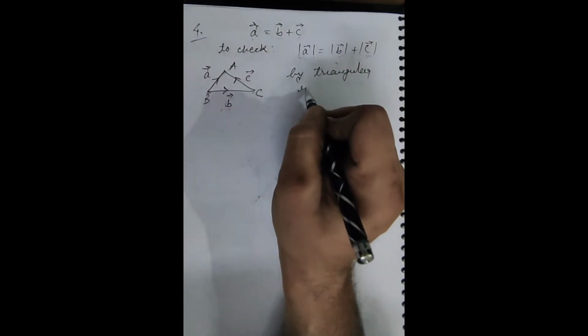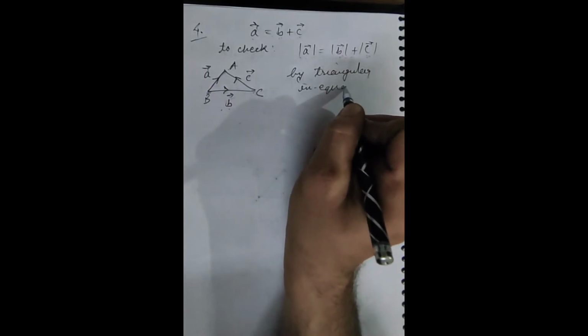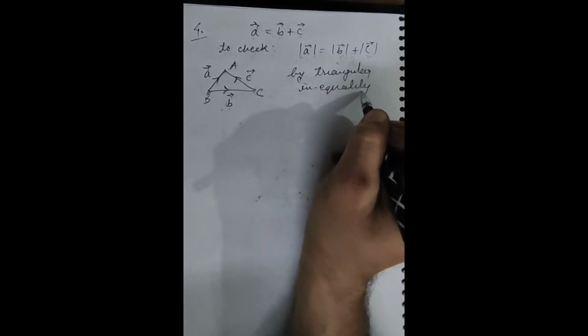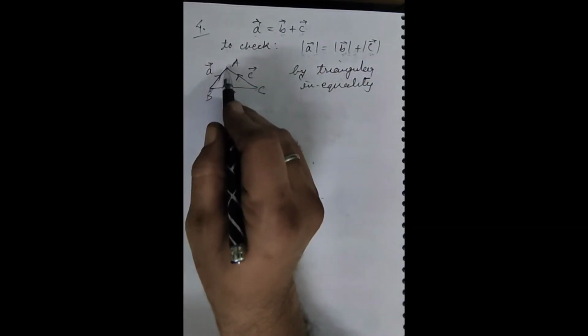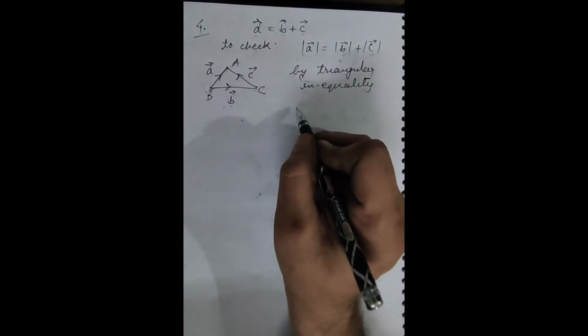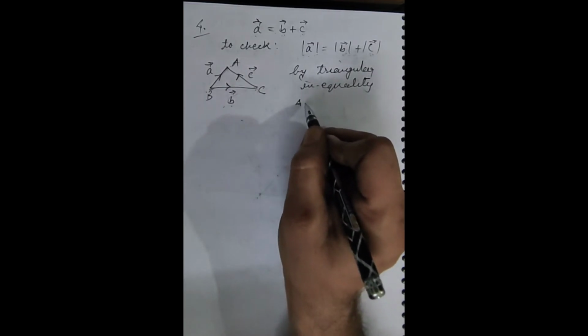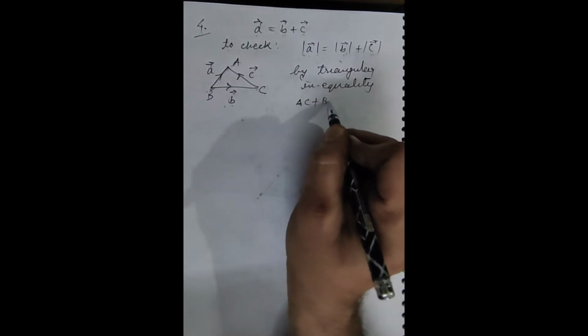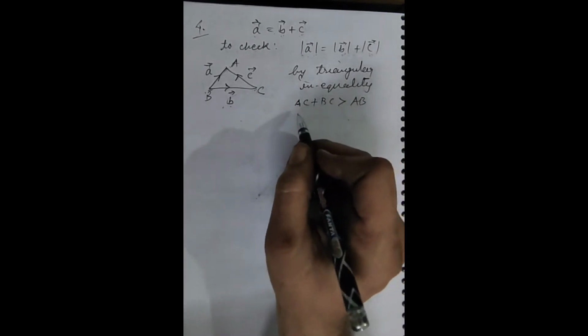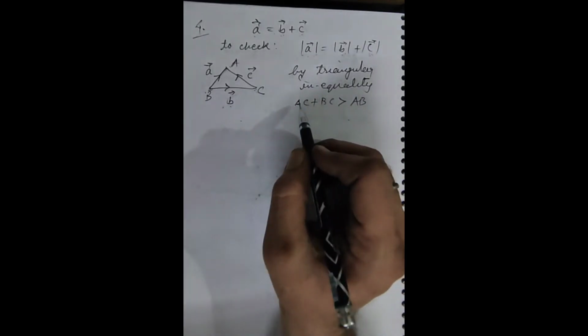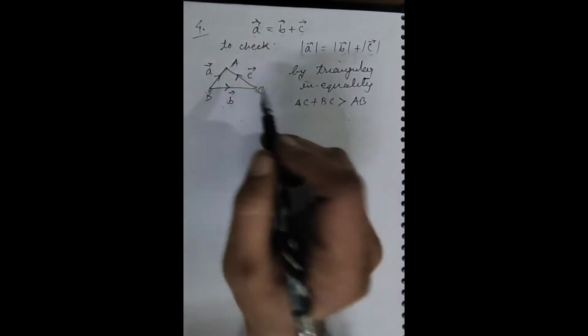for sides AB, BC and AC, the sum of any two sides, that is AC plus BC, will always be greater than AB. I have named these randomly, otherwise this vector I have taken as CA, so no problem.